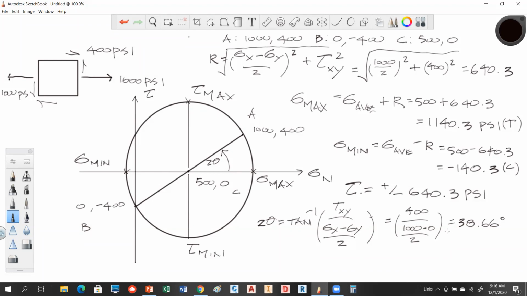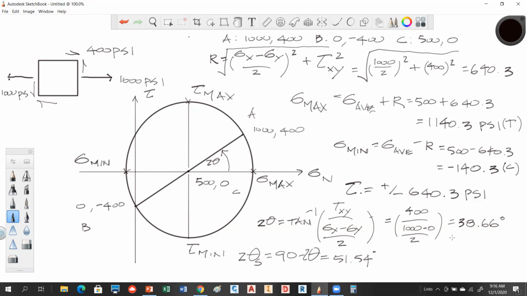But remember, this angle is actually half of that. We need that to calculate the principal plane of the shear stress. So that's going to be equal to 90 minus 2 theta. So when we subtract 90 minus the 38, we get 51.54.